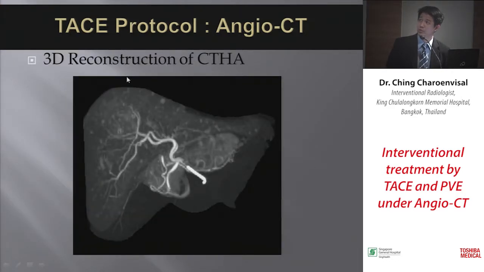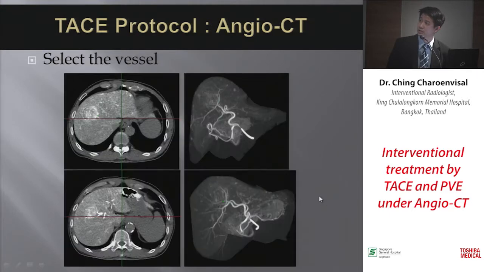And then we do the 3D reconstruction of the CT-HA. You can see the hepatic artery clearly. And then we select the vessel, trace the axial CT to find the feeding artery of the mass, and then we mark the feeding artery.